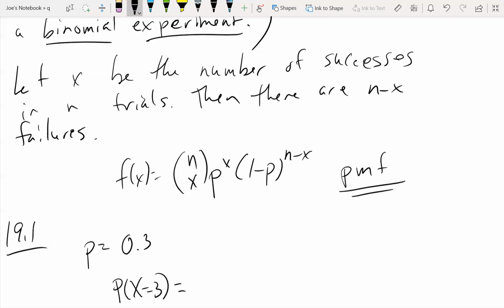Oh, by the way, what else do I need to know? I need to know n. 10, that's the number of trials, right? That's the number of fuses we're selecting. We want, in 10 fuses, what's the probability that exactly 3 are defective or fail? So what's this going to look like?